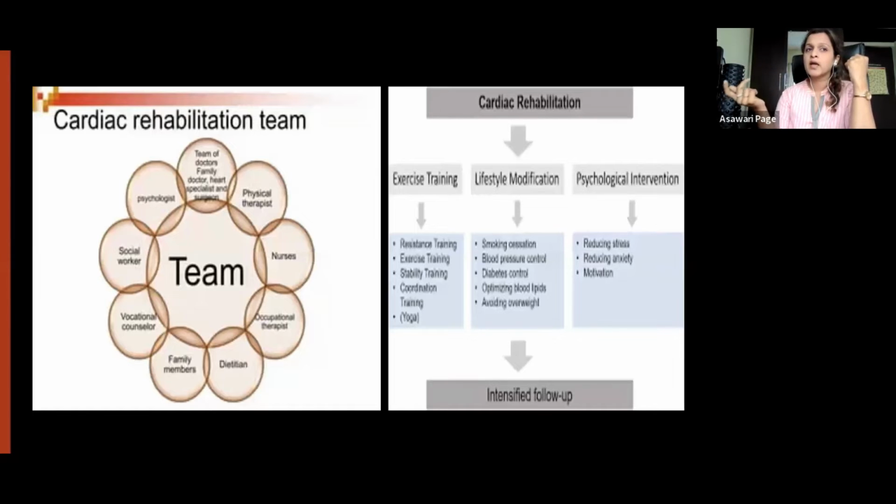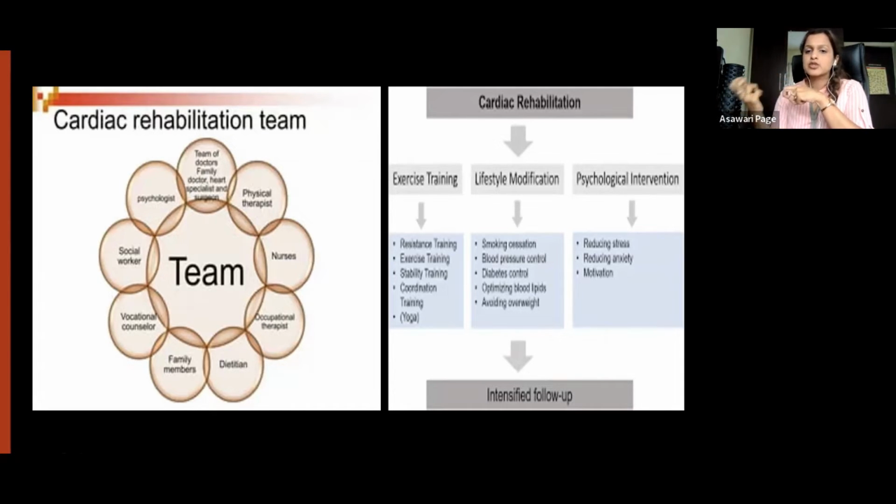I think most of the Mumbai rehab centers have it, and I have used it myself. They are good strength training or resistance training equipments, a step ahead with advanced technology, and it's a good company to work with. So strength training and cardio are a major part of cardiac rehab.